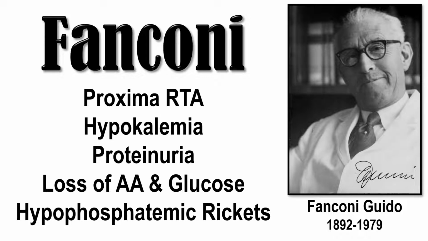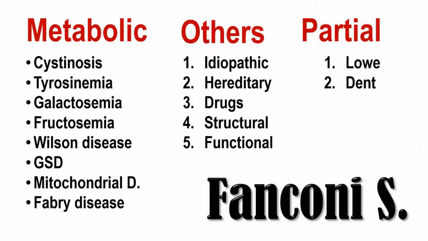So it's a generalized proximal tubular dysfunction. The causes of Fanconi syndrome are huge. For pediatrics, we are focusing more on the inborn errors of metabolism shown in this list, but there are also other causes of Fanconi syndrome through drugs and structural functional defects. All of these can produce Fanconi syndrome.